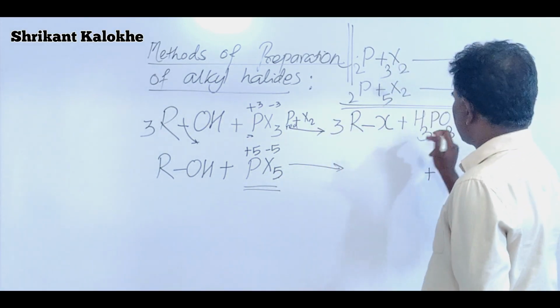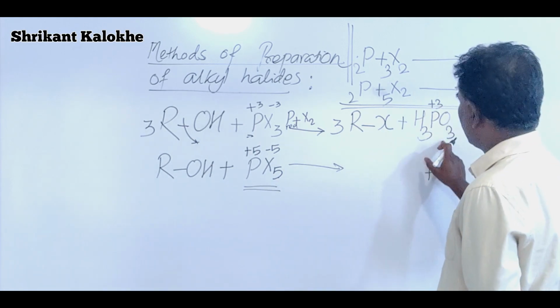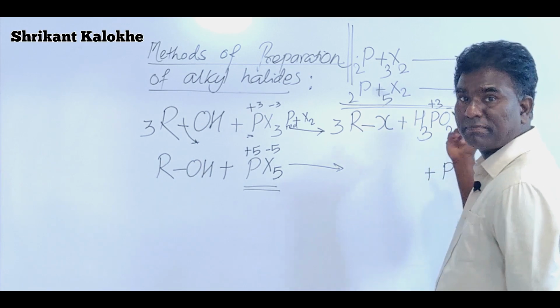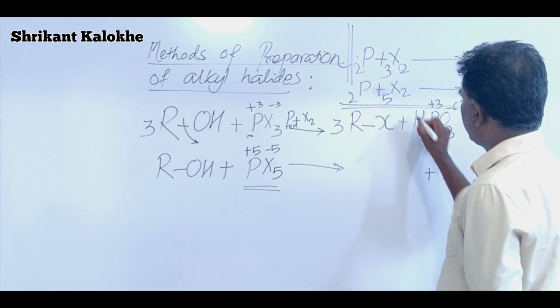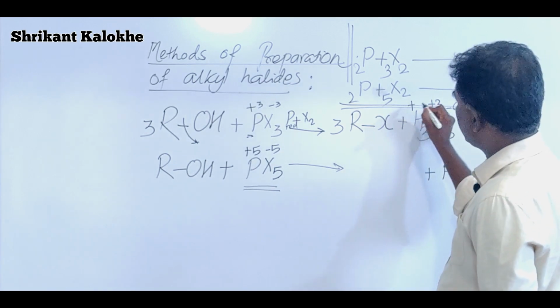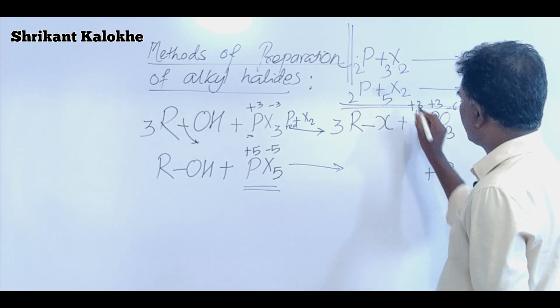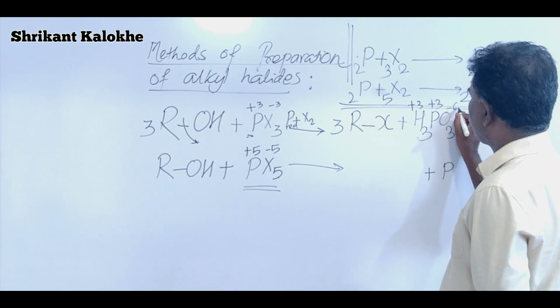Here also trivalency of phosphorus was maintained in this acid, because each oxygen acquires -2 charge. There are 3 oxygen, therefore -6. Each hydrogen acquires +1 charge, therefore 3H means +3. So 3 hydrogen plus 3, 1 phosphorus plus 3, and 3 oxygen -6.